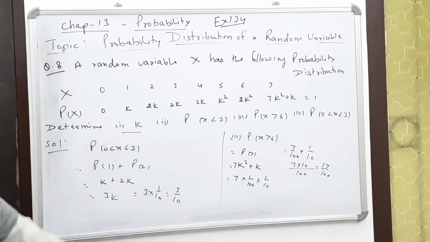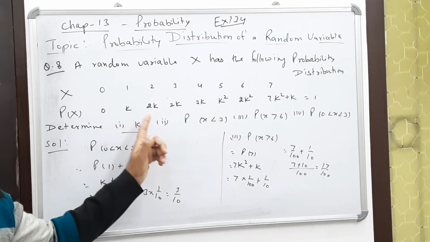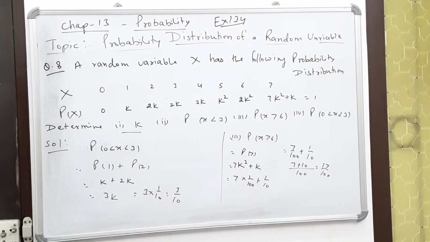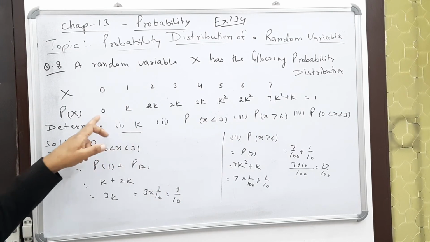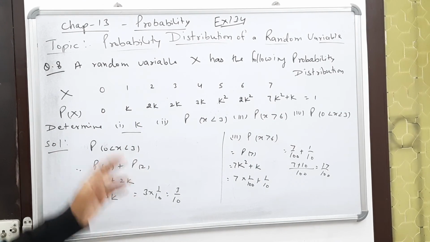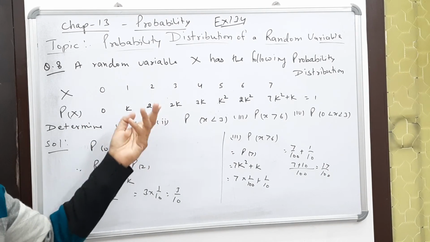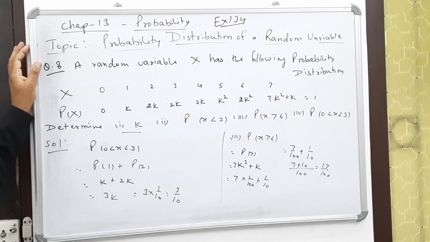So in this way we can find it, and dear students, this is one of the important sums for the board examination purpose. It can be up to this only. This part will not be there. It can be 1, 2, 3 or 1, 2, 3, 4 or any other value for k, or it can be p or any a. So this particular sum is very important from the examination point of view from exercise 13.4.